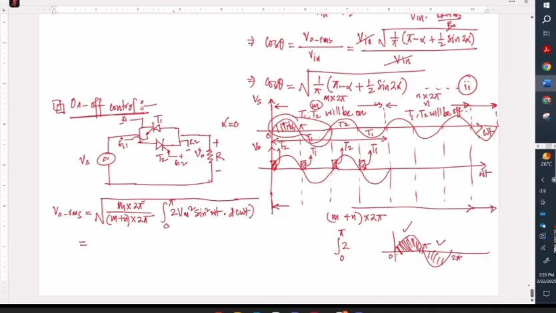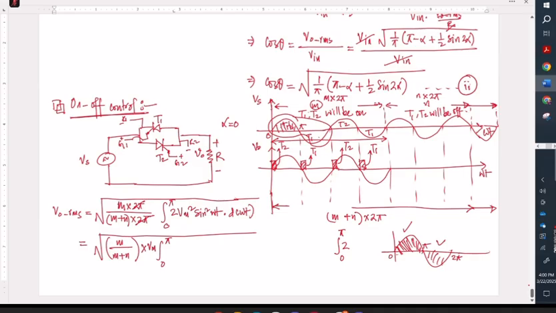Okay. So if I cancel it out, then we can write m over m plus n multiplied by 0 to pi. That should be equal to 2 sine square.